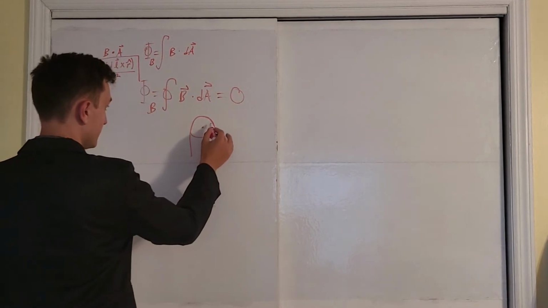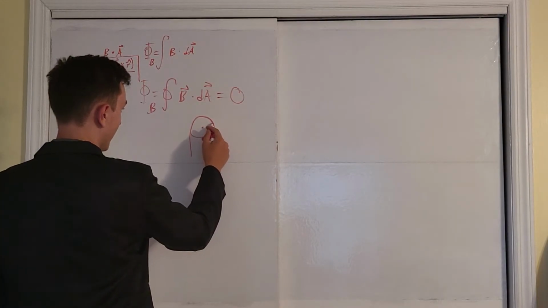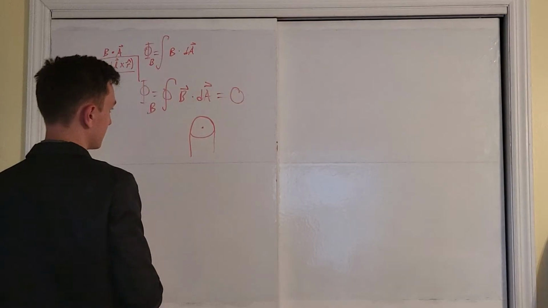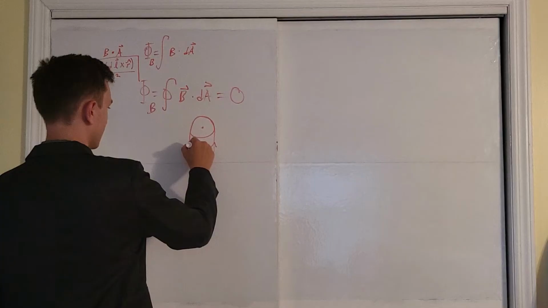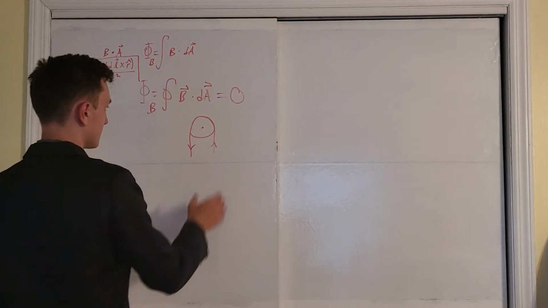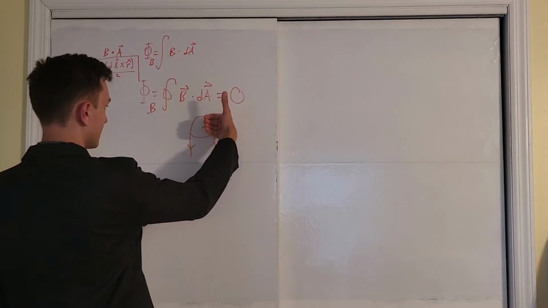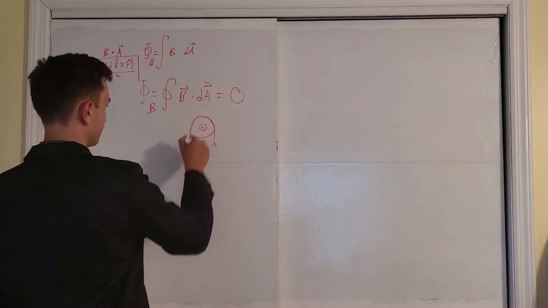So every length differential, every small slice of this wire is going to contribute some magnetic field to the center, okay, because of the right-hand rule. Let's say, for example, that current is flowing in this direction. So I would wrap my hand around current and I would discover that the magnetic field is supposed to be pointed out of the page.